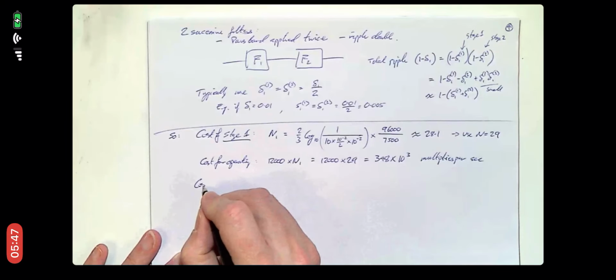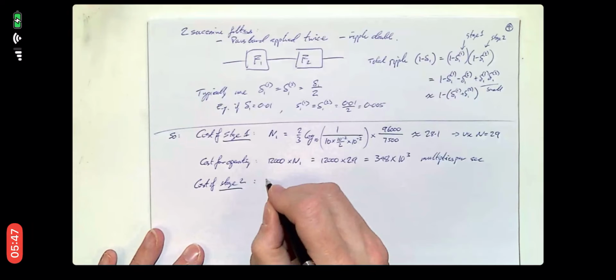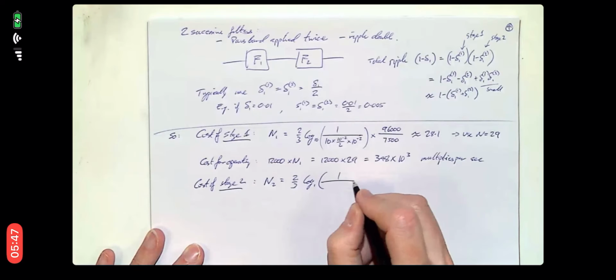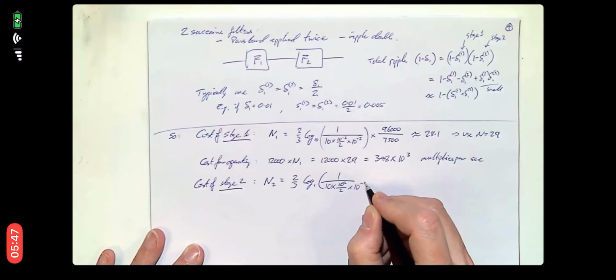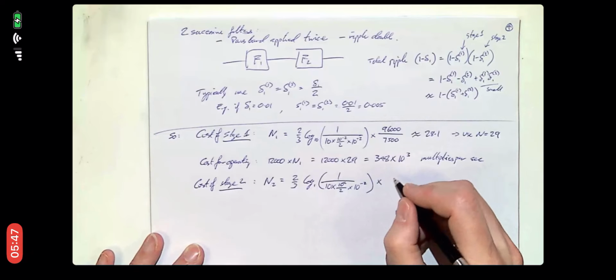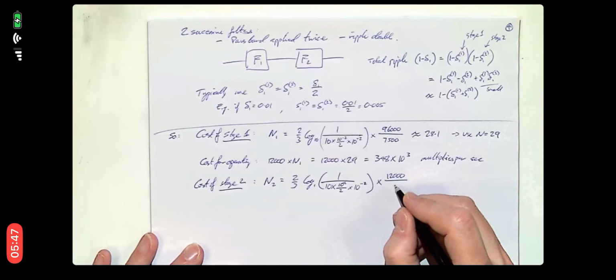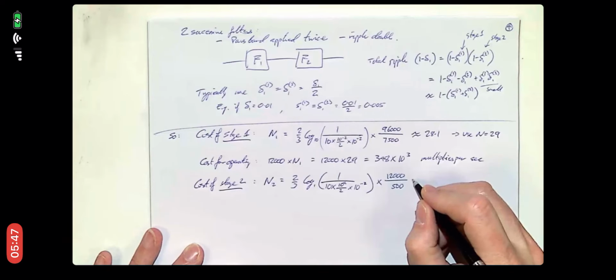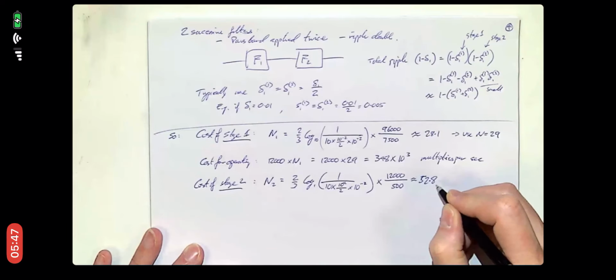Now let's look at the cost of stage 2. For this one, N2 is 2/3 log to the base 10 of 1 over 10 times our delta 1,2, which is 10 to the minus 2 over 2 times 10 to the minus 2, times, this time, the sampling rate, 12 kilohertz, divided by the transition bandwidth, which is our 500 hertz. That's about 52.8.